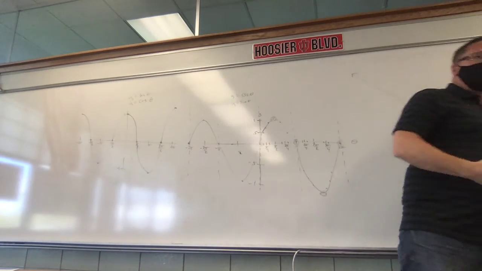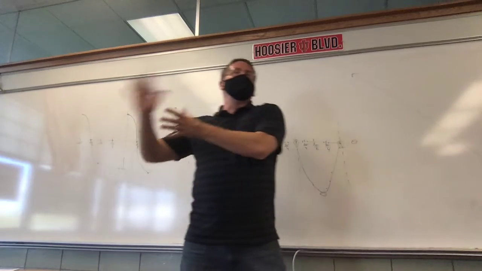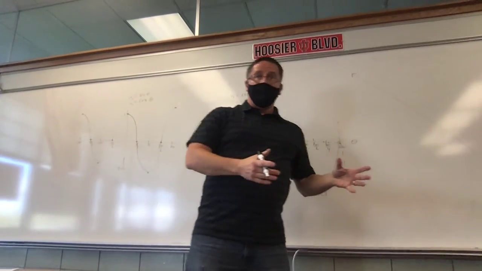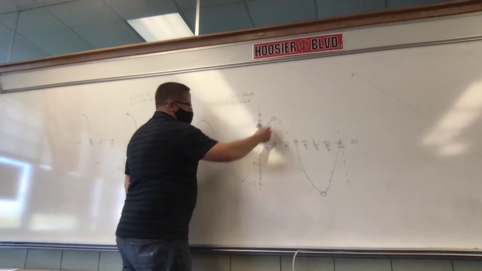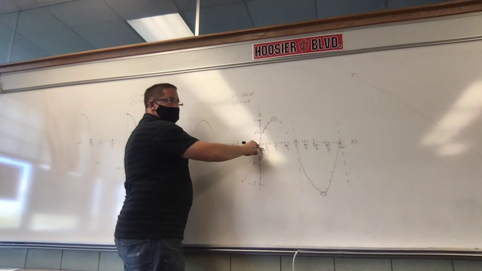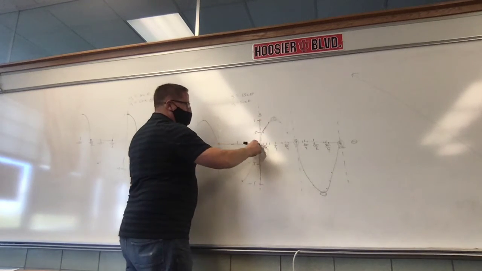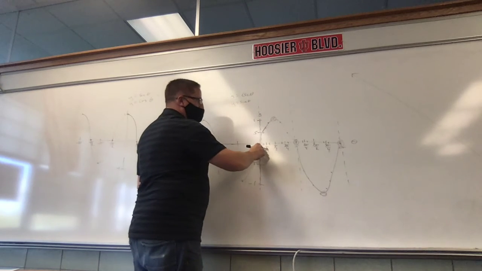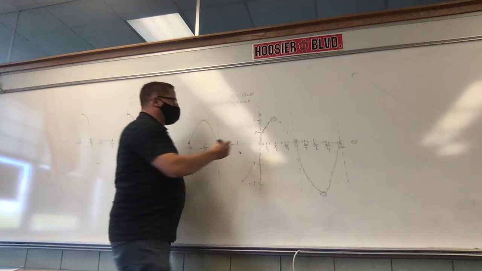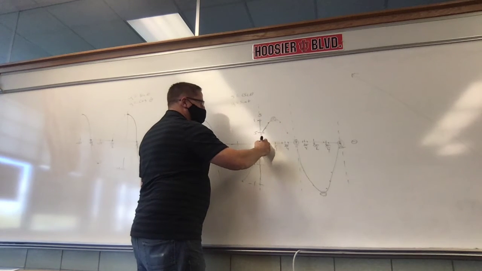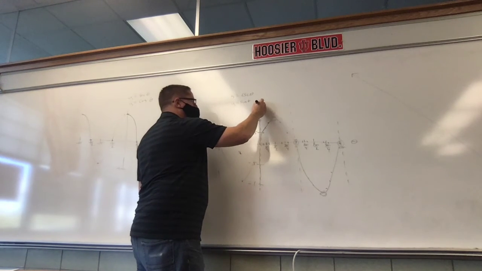Whatever happens to a number, its reciprocal does the opposite. As I go from right to left, the sine is getting closer to zero, so cosecant is going to be getting farther from zero. Is it going towards the axis? No. It's going to go away.